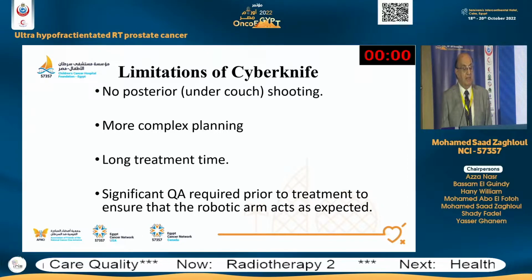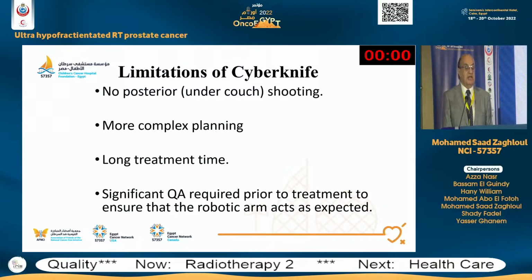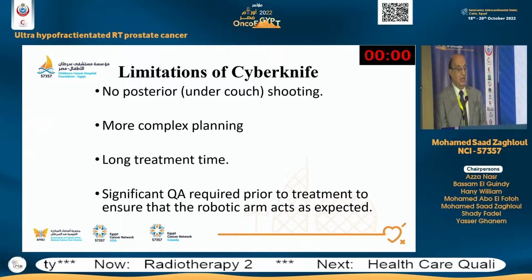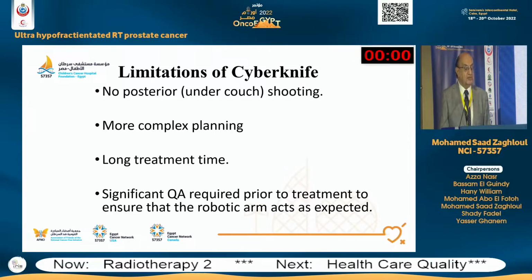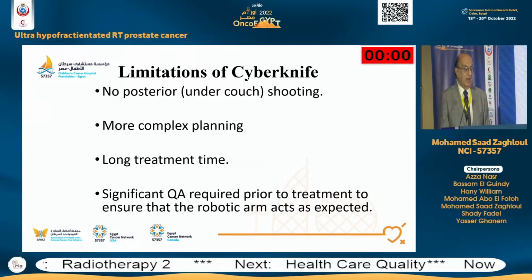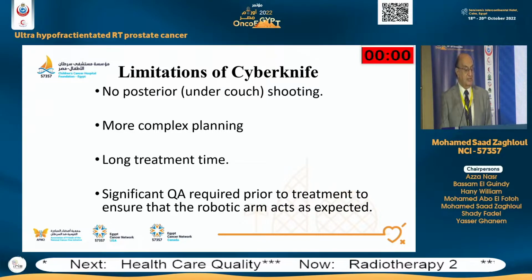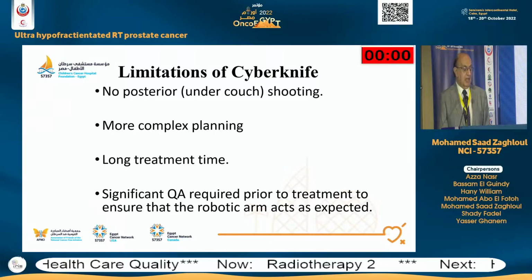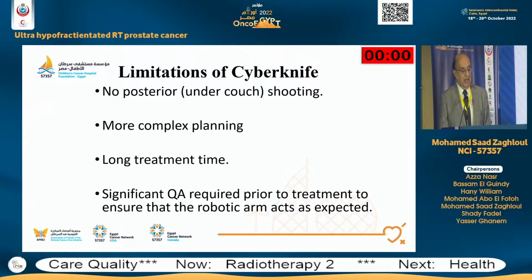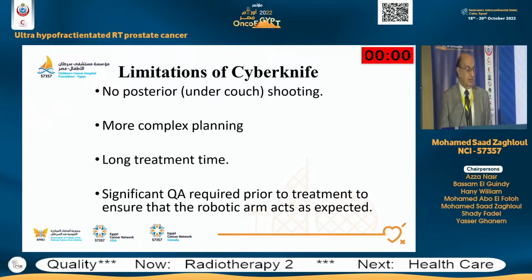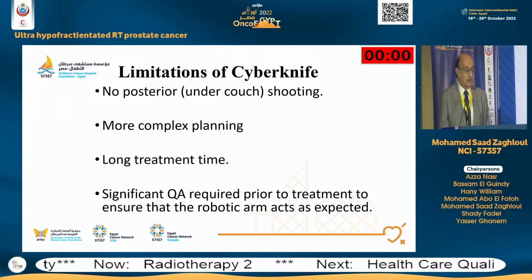Of course, the CyberKnife has some limitations. No posterior under-couch shooting, and more complex planning. It has a long treatment time, but this is controlled by the intrafractional imaging that corrects for the position of the patient.